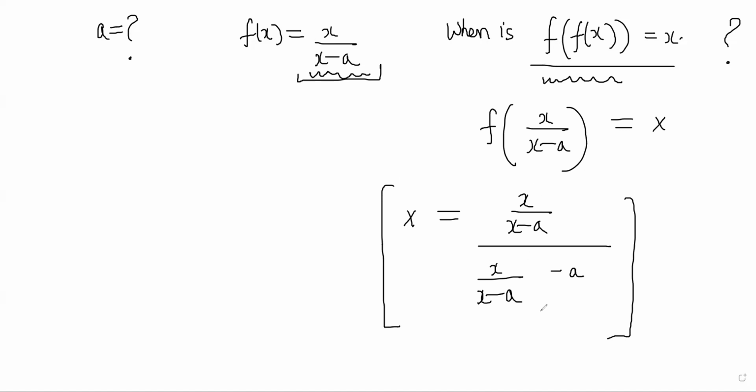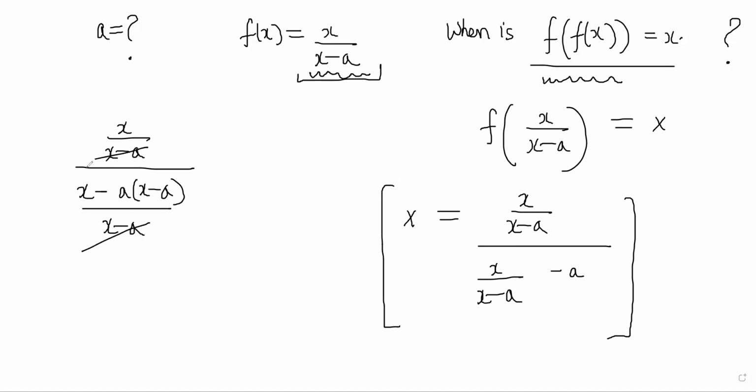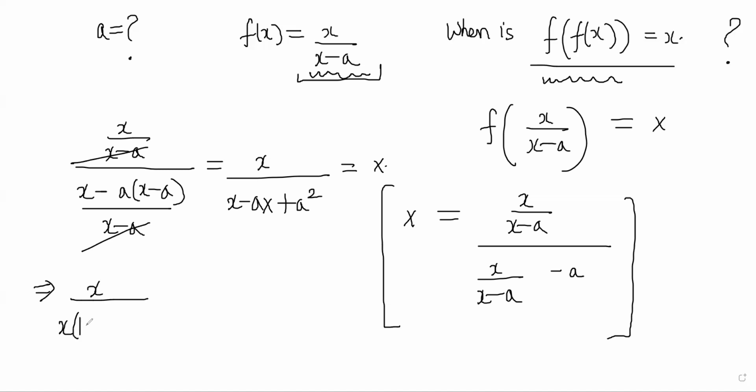Simplifying this, you will get x by x minus a, by x minus a times x minus a by x minus a, where x minus a gets cancelled. And you have x by x minus ax plus a square, and that should be equal to x. So that means x by x(1 minus a) plus a square is equal to x.